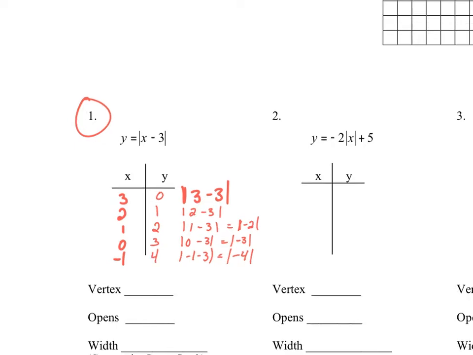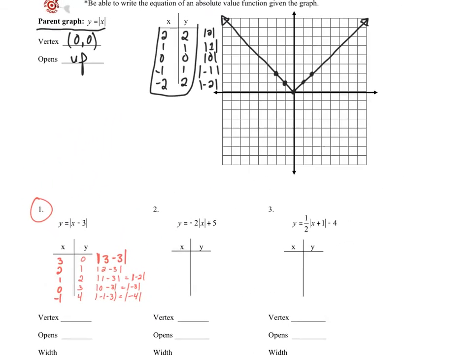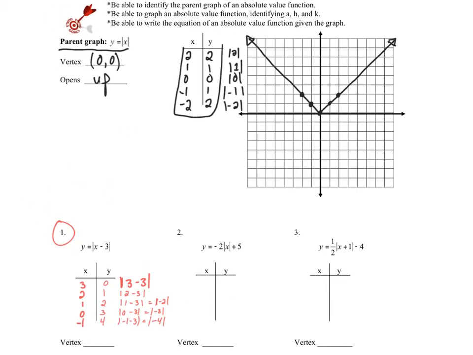So we plot these points in the graph. I'm going to go up to the graph and put on 3, 0, 2, 1, and 1, 2. And then 0, 3. And then -1, 4. And actually, I'm going to add one more point.